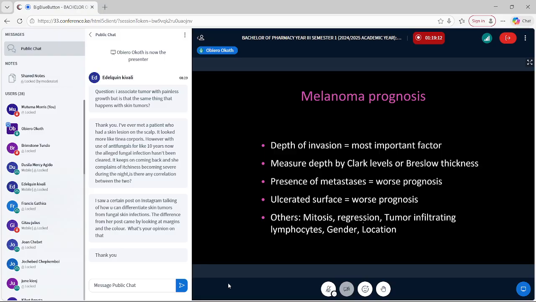If the lesion has too many mitoses, is not showing signs of regression, or has very little, male sex tends to do poorly on several things. And even the location, if it is in the mucosa, bad prognosis. If it is around the lower limb, most important factor of prognosis.